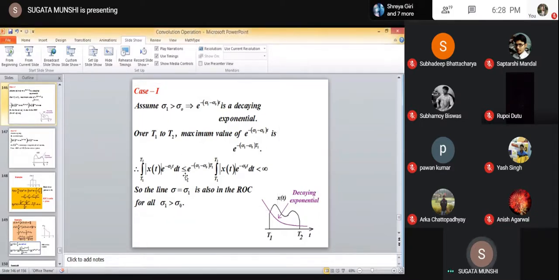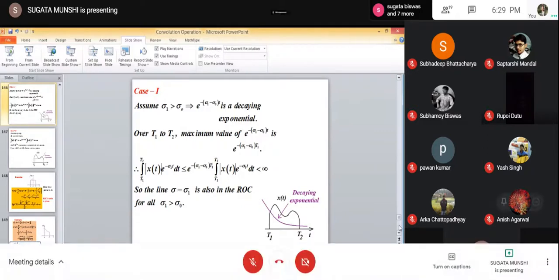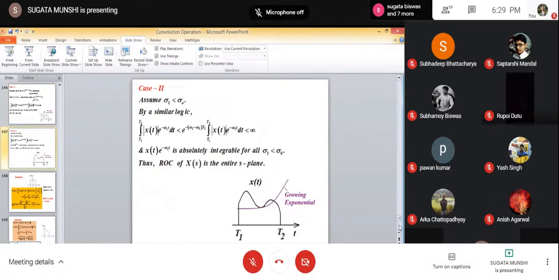In this case, it should not be less than, it should be less than or equal to. All right. Less than or equal to. Also, here also it should be less than or equal to.